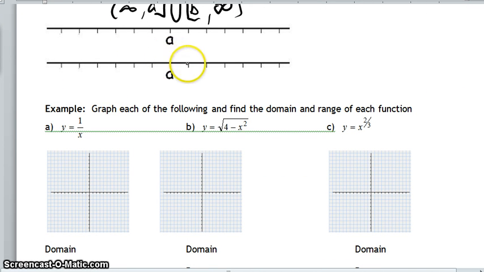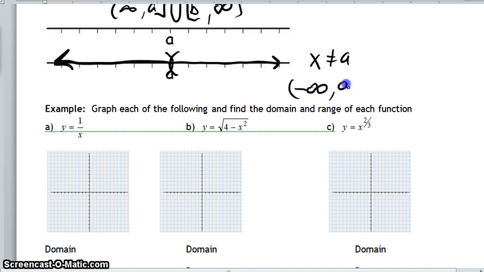Now, lastly, let's suppose you just want to exclude one value. Let's just say I want everything except A. So you just want one number that you can't include. It might be the best to just say you can't have that value. But you can write this as an interval notation. And the way you would do it is like this.